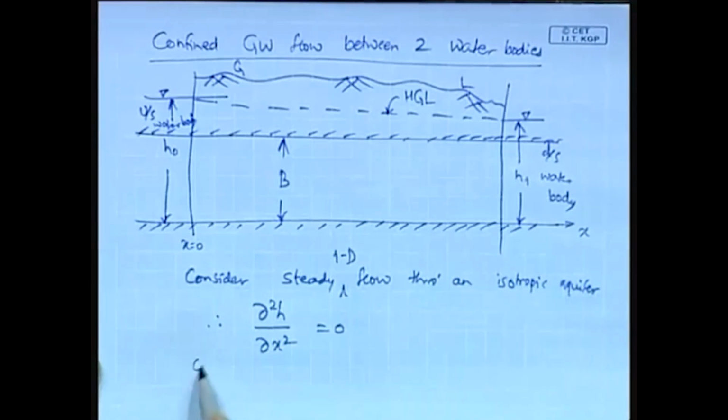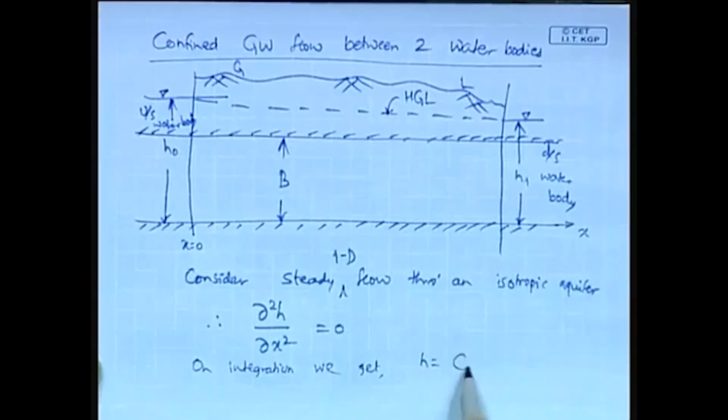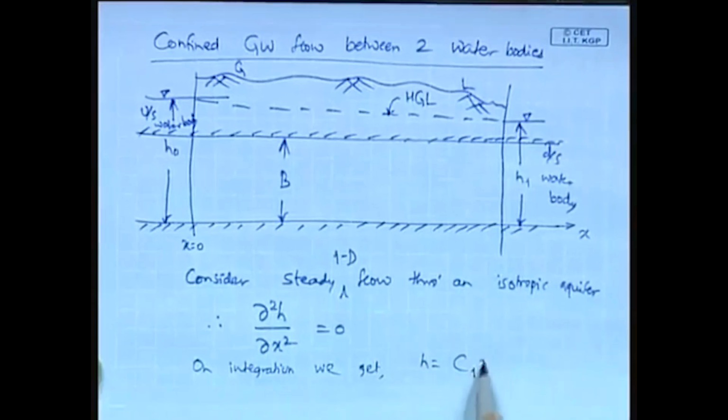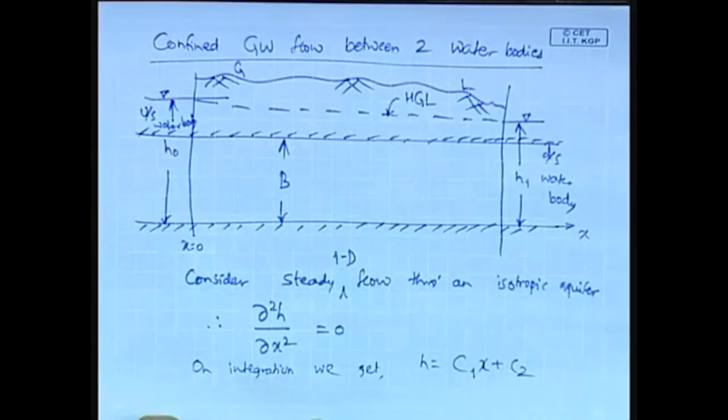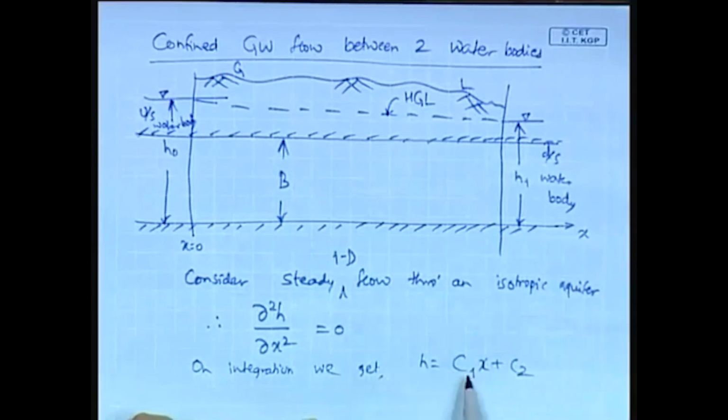So, on integration we get h is equal to C 1 x plus C 2, okay. And now we need to substitute the boundary conditions to evaluate the constants of integration C 1 and C 2.